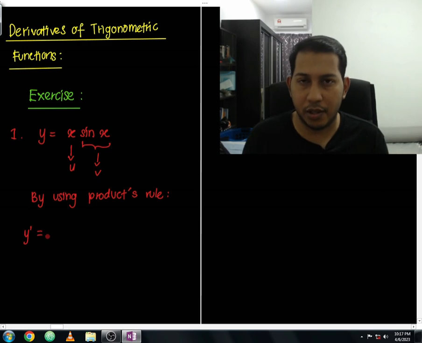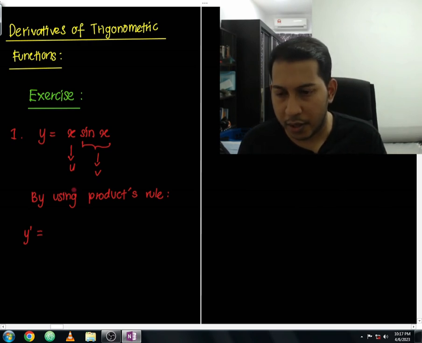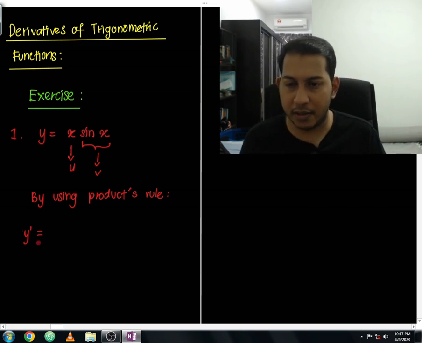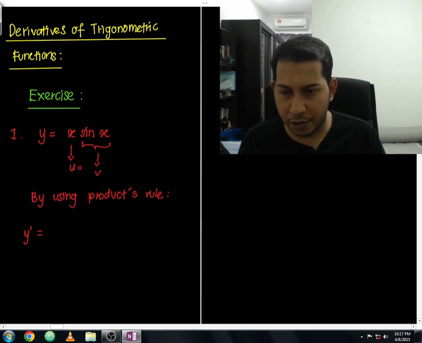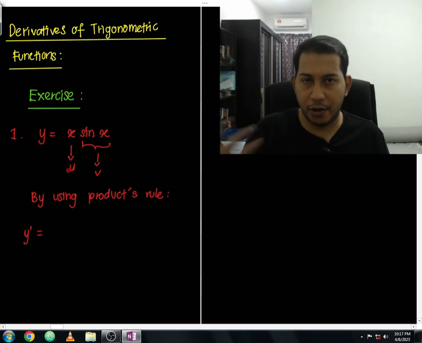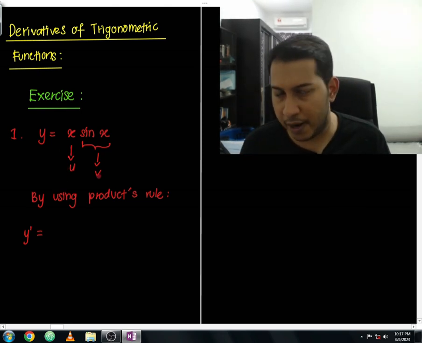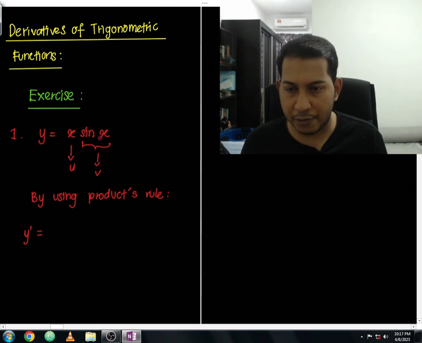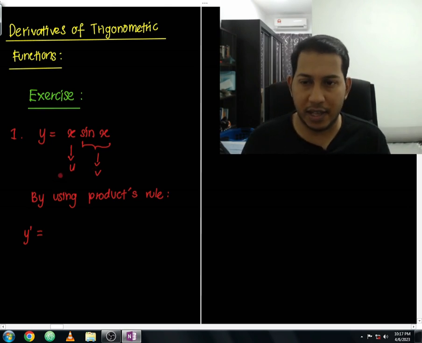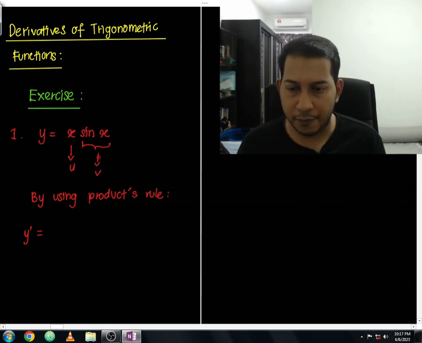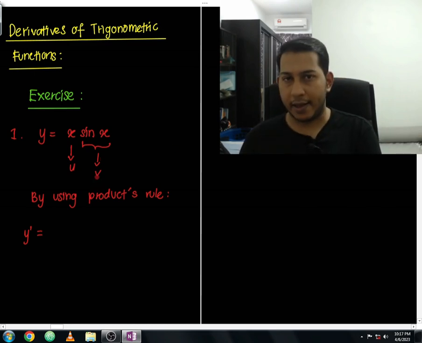It is up to the students. So y prime is equals to, we're going to cross multiply. Very simple: u times v prime plus v times u prime. Or in this case, u times dv over dx plus v times du over dx.